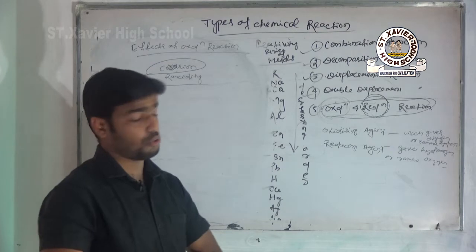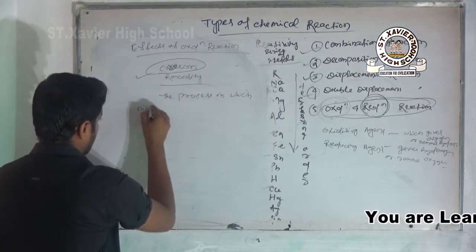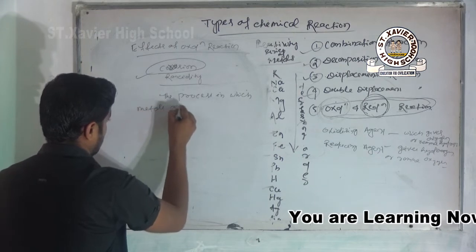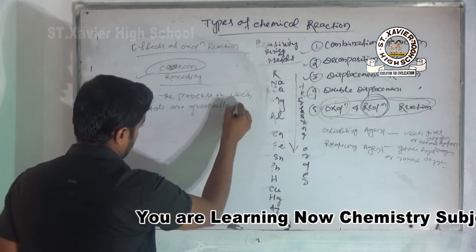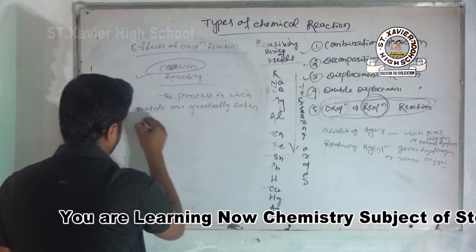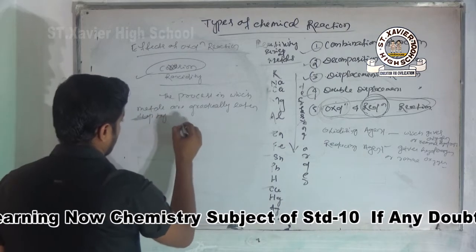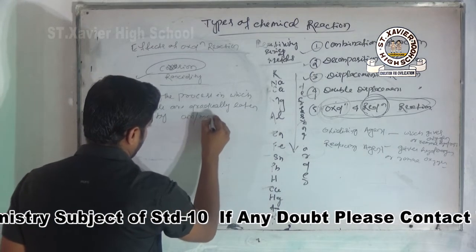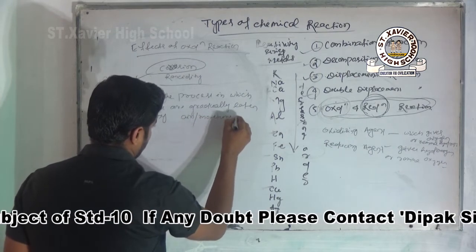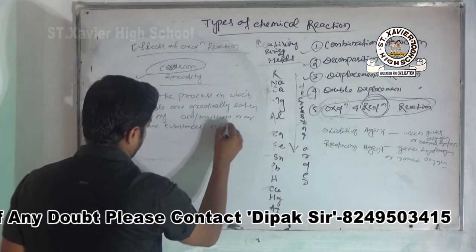The process in which metals are gradually eaten up by air or moisture or any other substances is corrosion.